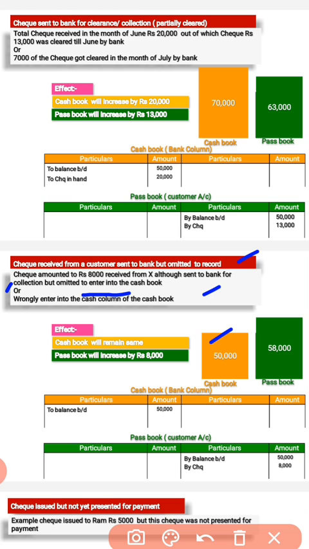So cash book is showing the same balance, 50,000, but the bank statement is showing 58,000. From your side you have deposited the check in the bank but forgot to enter it in the cash book. Cash book balance is the same, 50,000, but bank balance is increased by 8,000. The total bank balance is now 58,000. So there is a difference between cash book and bank statement.